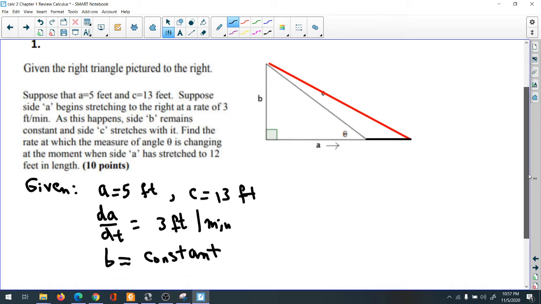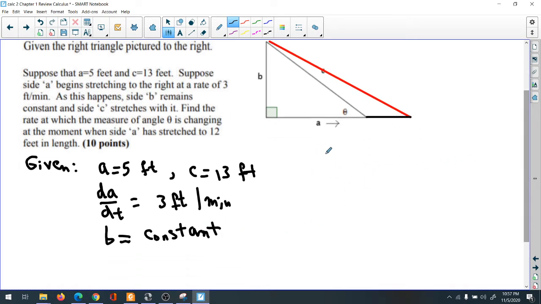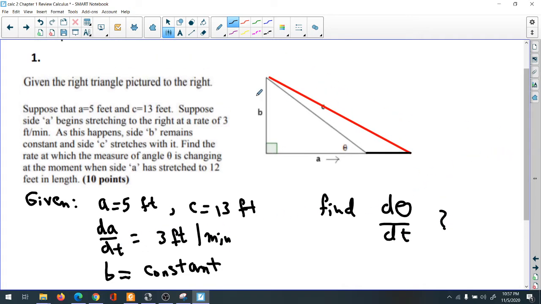What we need to find is the change of angle theta with respect to time. Here is the procedure. We need to collect enough data to find theta.